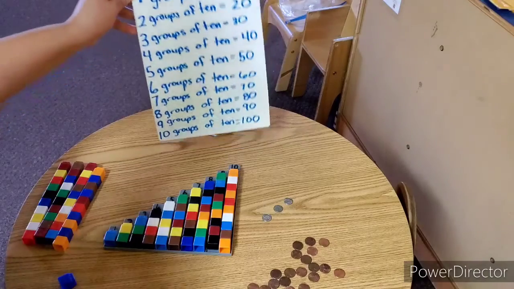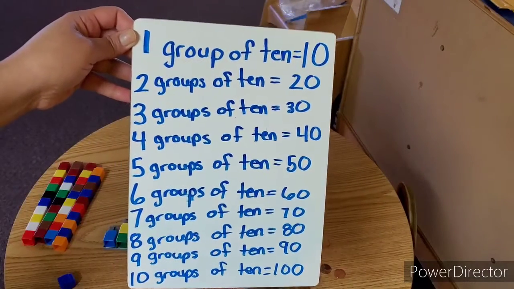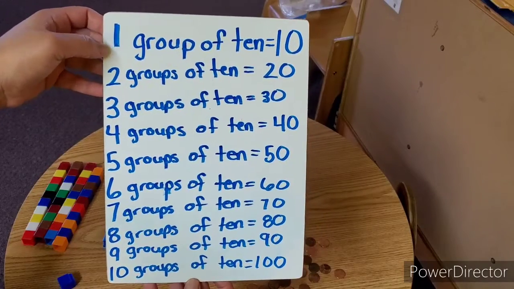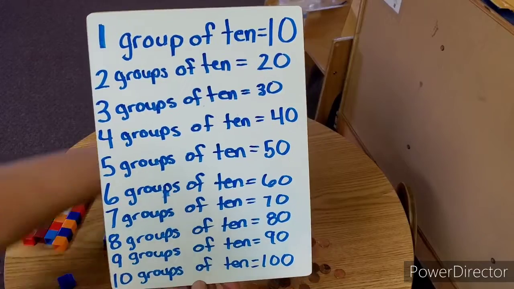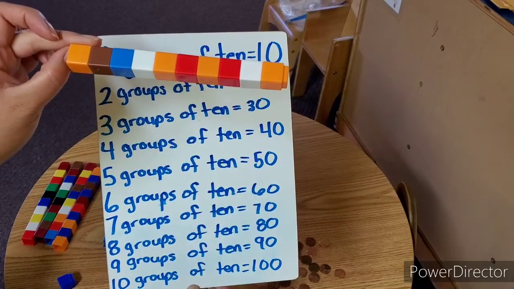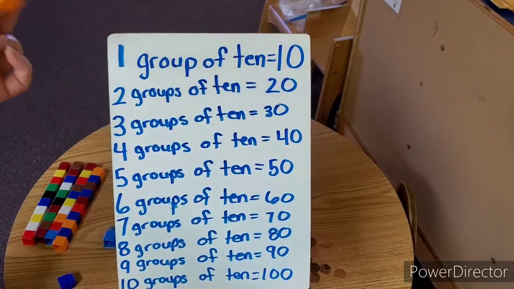Now here I have a chart for you, friends. This chart tells us about groups of 10. One group of 10, see I have 10 cubes. One group of 10 equals 10.